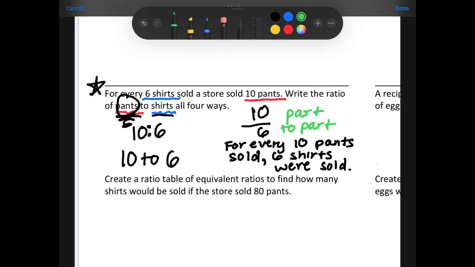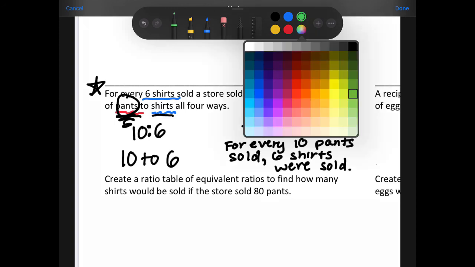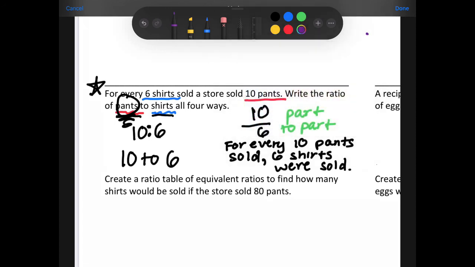In this example, we also have something called equivalent ratios, which we haven't learned about yet. Just like you can simplify fractions, you can also simplify ratios. The greatest common factor of 10 and 6 is 2. You can divide each of these numbers by 2 to get a simplified version.